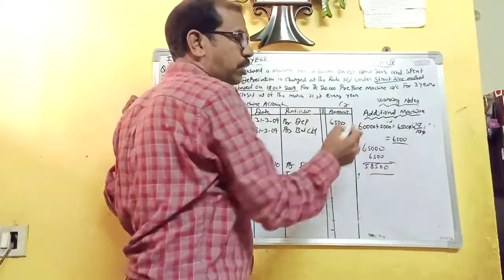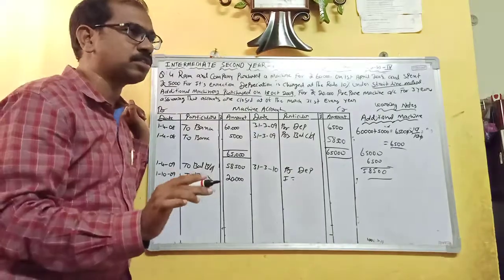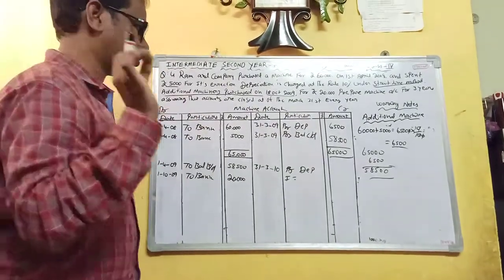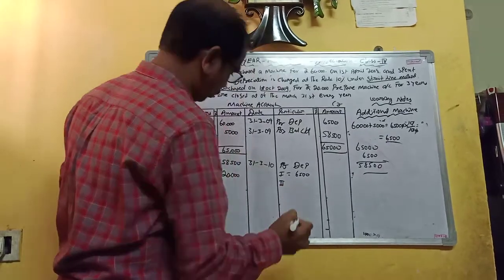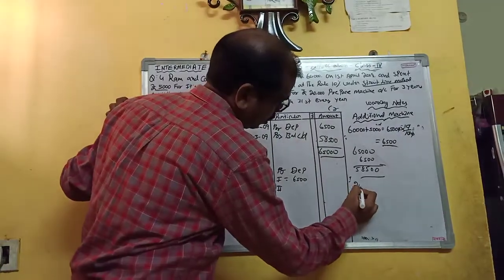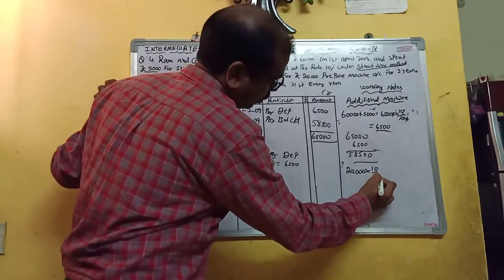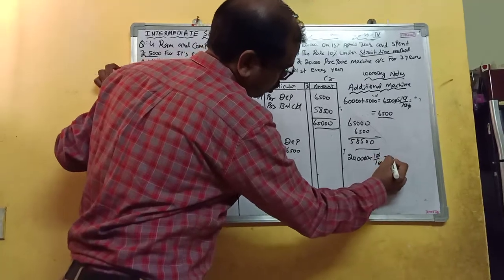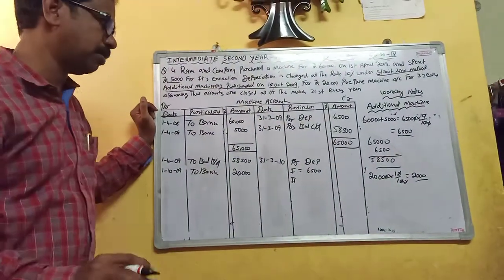Here it is the straight line method, so no changes; we take the same depreciation amount all years. Machine 2, how much cost is there? 20,000 rupees. 20,000 into 10 divided by 100 is 2,000. This is the per annum, per year depreciation.